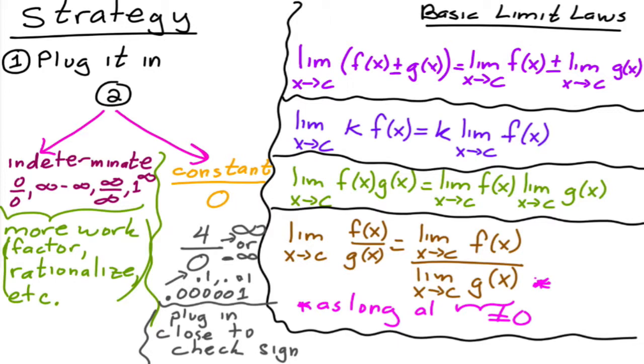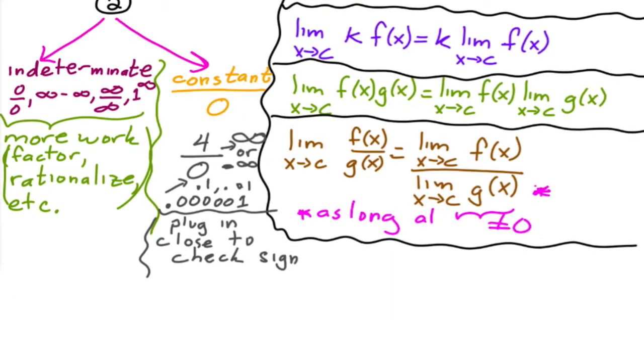So once you get a constant over 0, you already know it's going to either infinity or negative infinity. Then all you need to do is check the sign. Okay, so we're going to do a lot of examples.